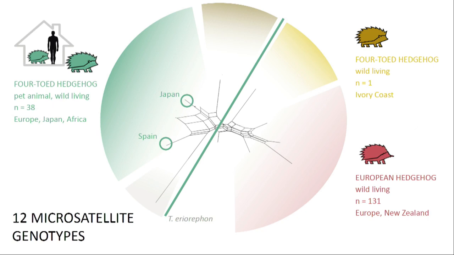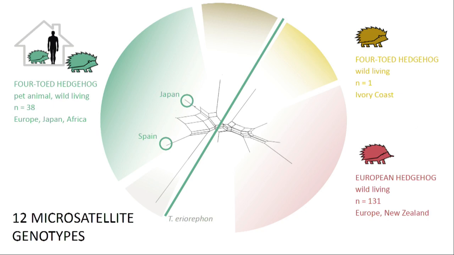We can distinguish maybe 4 or 5 clusters inside. One is specific for the four-toed hedgehog, which is a pet animal and also a wild-living hedgehog.